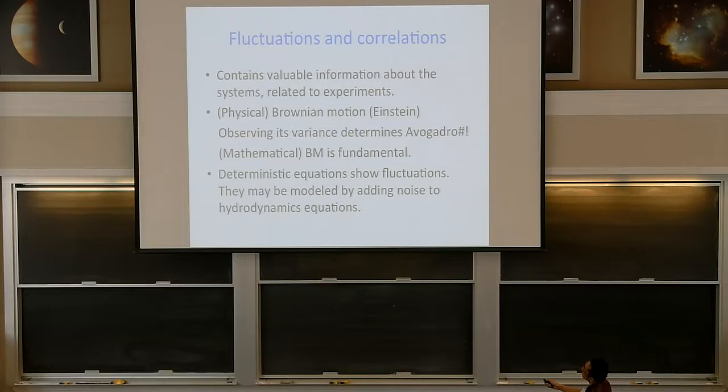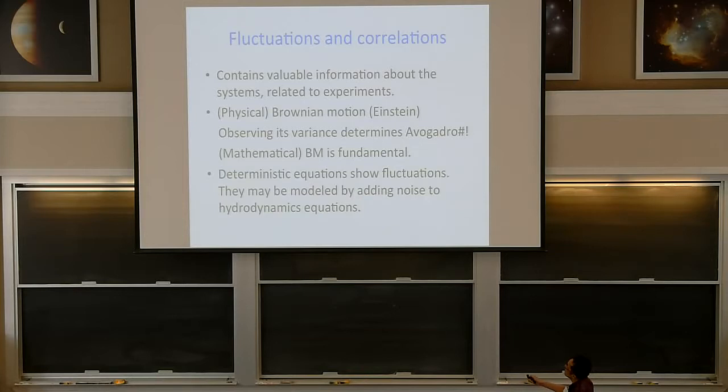One example of the importance of fluctuation is given by the theory of Brownian motion. There are two kinds of Brownian motion. One is a physical one, the movement of some small particle from pollen. And of course, maybe you know better about mathematical Brownian motion, which is defined rigorously.